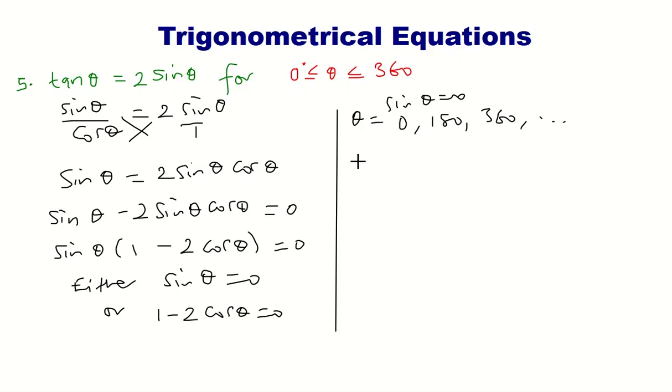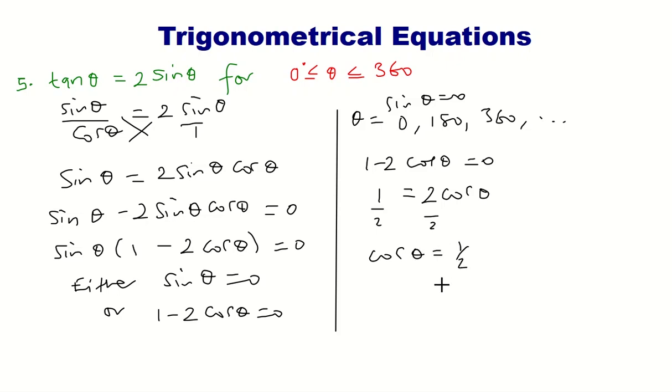And then when you look at 1 minus 2 cos theta equals 0, when we simplify, taking this to the right hand side, it gives us 2 cos theta. If you divide by 2, we end up with cos theta equal to a half.